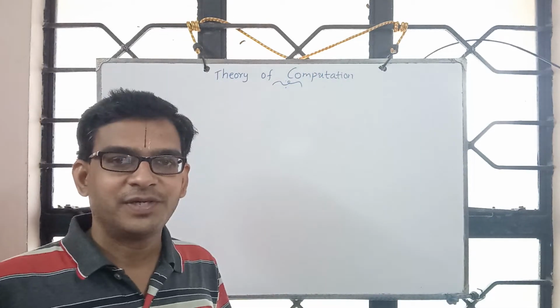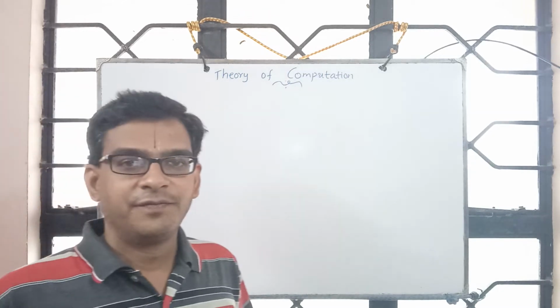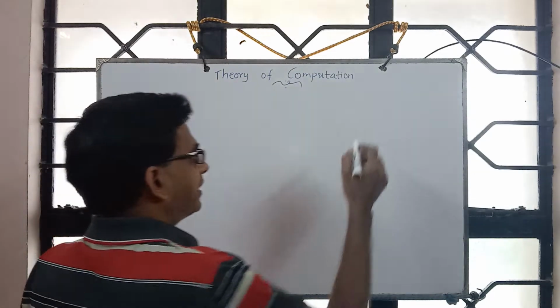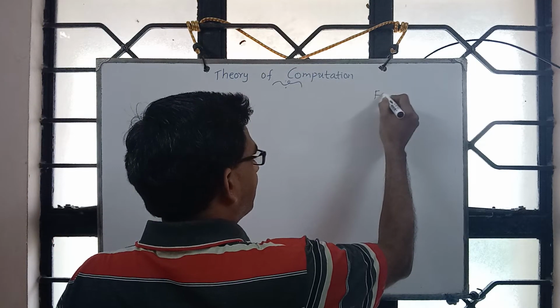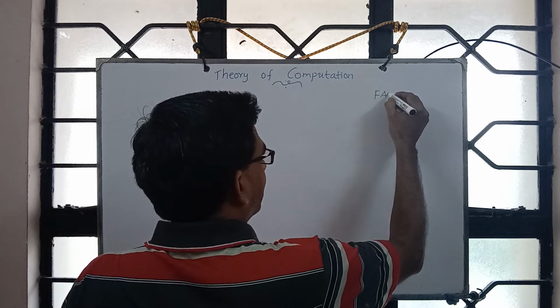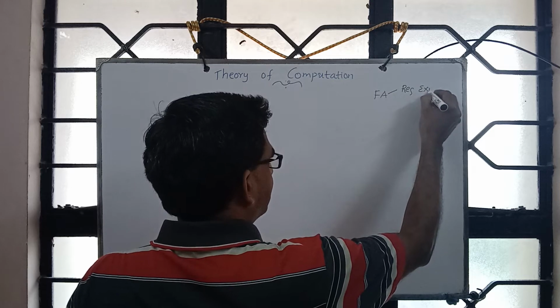We will continue our discussion on pushdown automaton. When we discussed finite automaton, we said the class of languages accepted by finite automaton, one can describe something called regular expression.